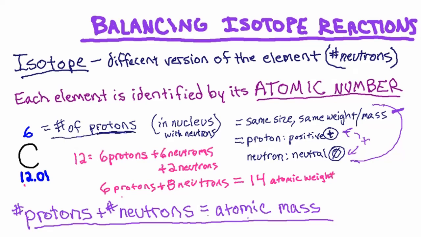And we would call this isotope C14, or carbon 14. And again, that would be an isotope, because the isotope is when the amount of neutrons are changed within an atom of the element.